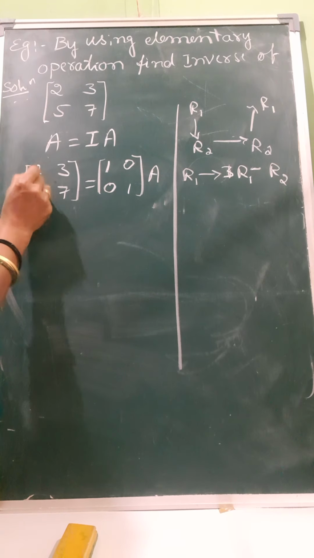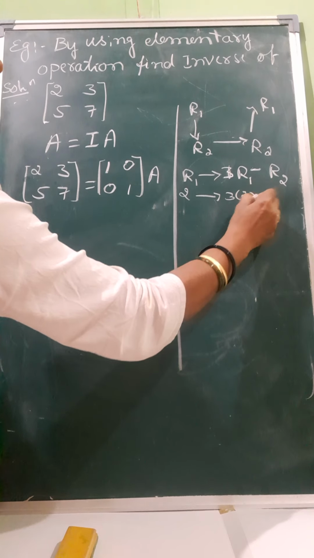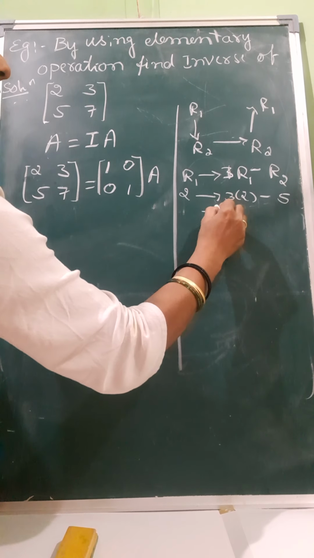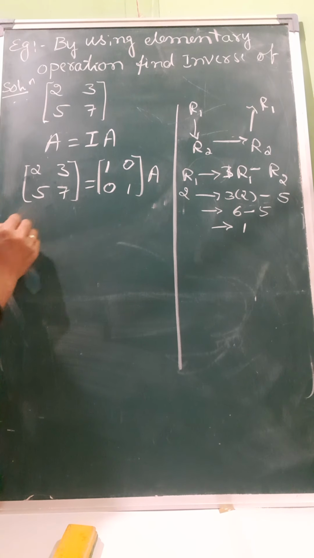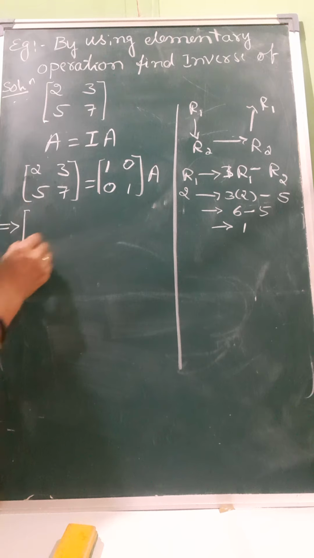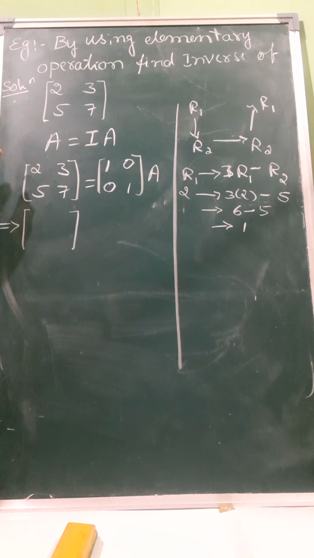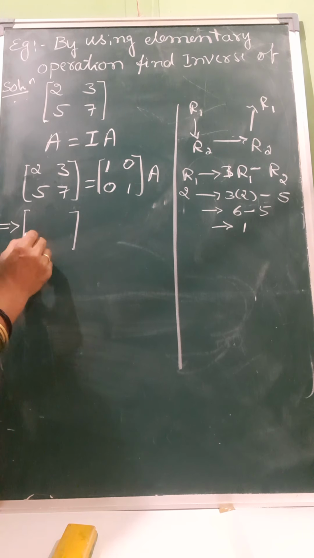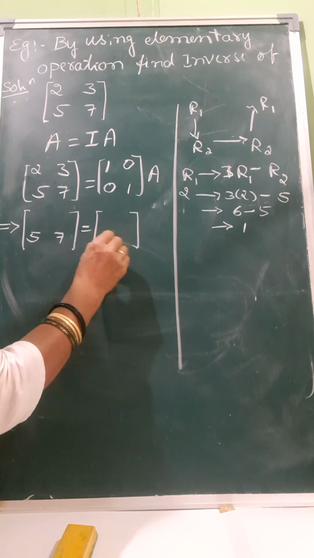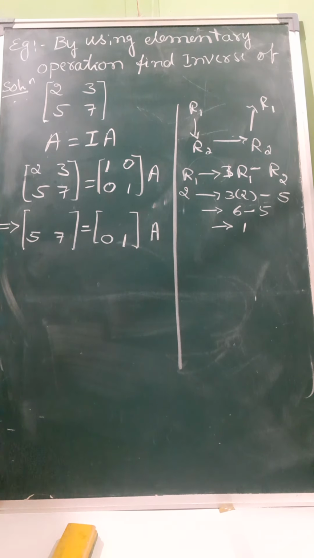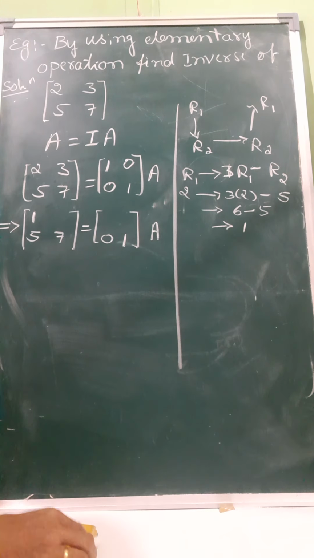Here substitute value 2: 3 into 2 minus 5, that is 6 minus 5 is 1. So only the first row changes, the second row is as it is: 0, 1. So this 2 becomes 1 by the elementary operations.